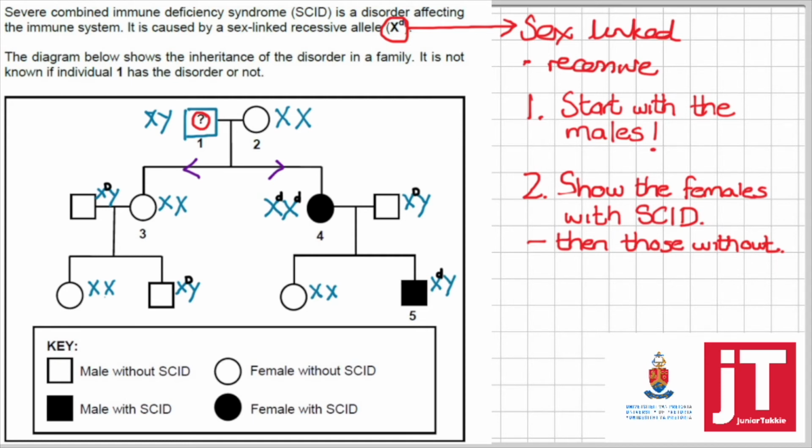So if we're looking at person number 1, it only makes sense that person number 1 is going to be carrying the recessive allele on the X gonosome as well. And being a male, this means it is expressed as the condition, and we can identify it and represent it as so.